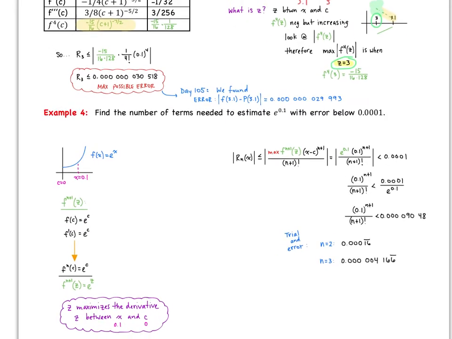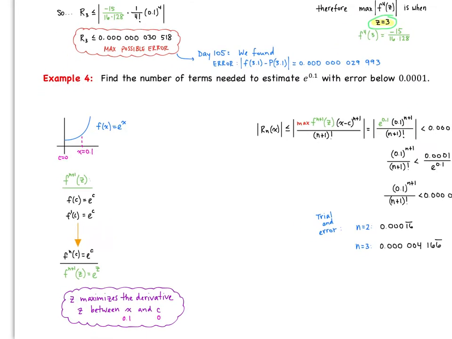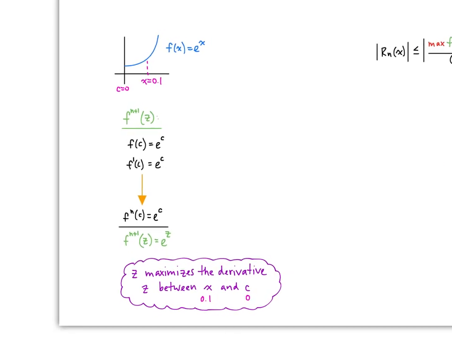So we're going to continue with that formula to determine now our next example: to find the number of terms needed to estimate e to the 0.1 with error below 0.0001. So the first thing we want to do is look at this e to the x. So we want to look at that graph.